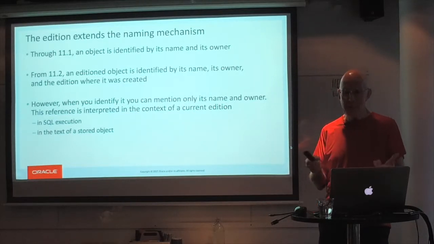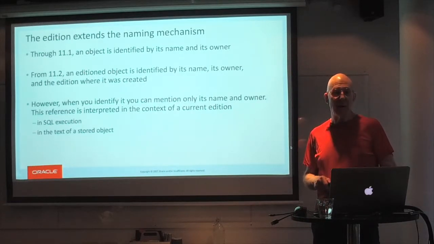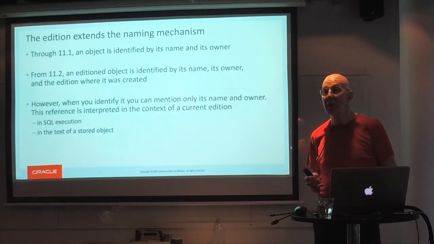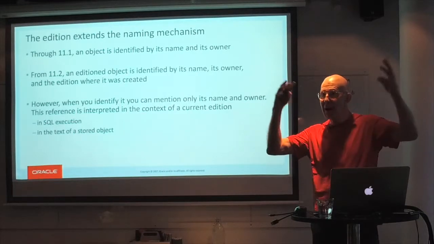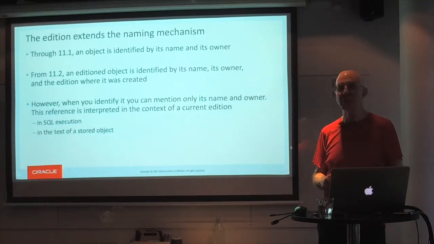That's why I shorten my statement of the rule to saying that an object is identified by its name and its owner. I should say the objects that we're interested in the contexts of reference that we do are so uniquely identified, right? In the larger database as a whole, and if we consider creating them, dropping them, and altering them, then there's more to it.